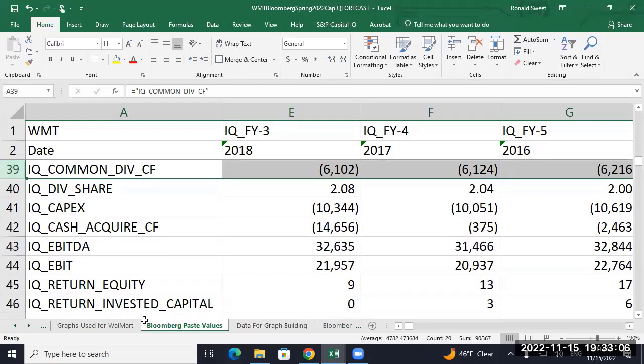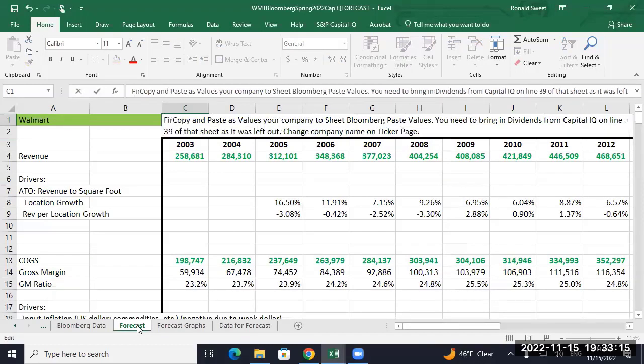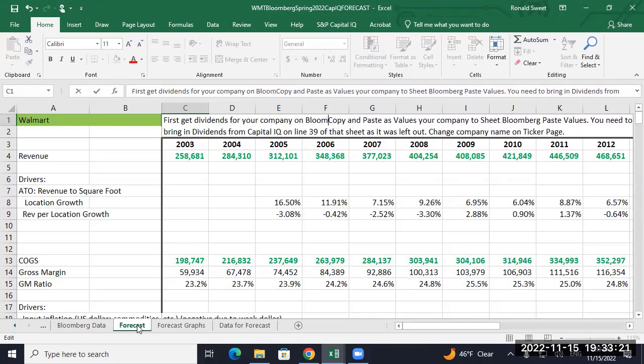So maybe I should put that in the instructions. First, get dividends for your company on Bloomberg paste values for line 39 by changing the ticker in A1 to your company.